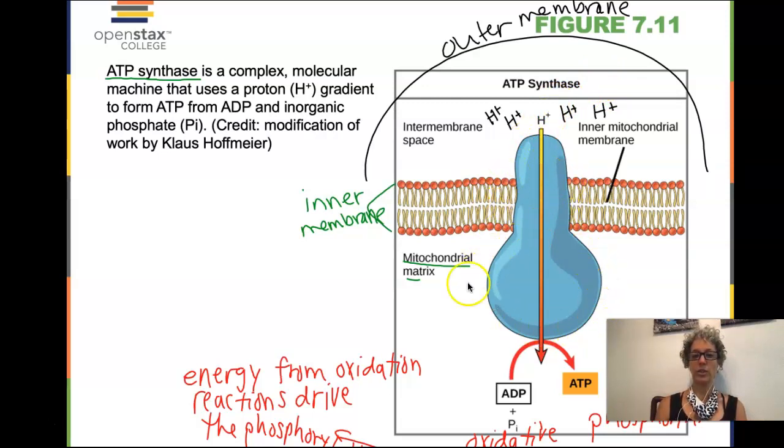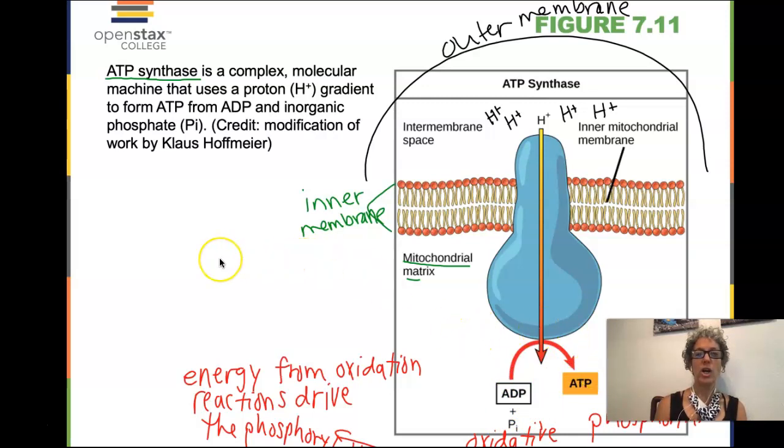This molecule is called an ATP synthase, an enzyme to help us synthesize ATP. And the electrochemical energy from the hydrogen ions moving through literally makes this enzyme spin. That creates mechanical energy. That mechanical energy will take phosphates and attach them to ADP to make ATP.